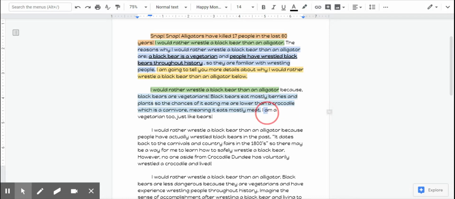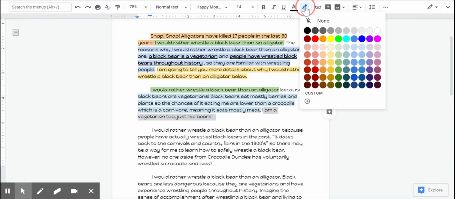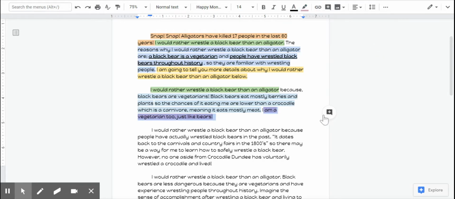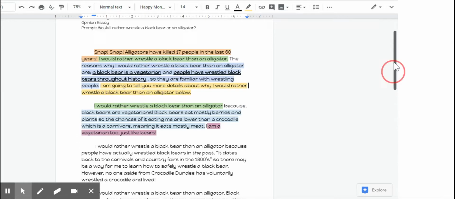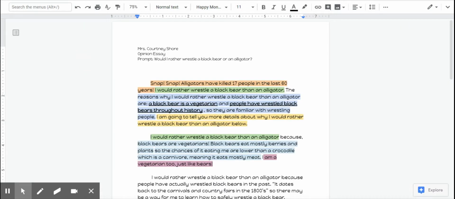And this right here, I'm a vegetarian too, just like bears. That's an elaboration. That's my own idea. It's from my own brain. It's my own thoughts. It's just something fun and interesting that I'm adding to make this essay more about my specific opinion. Because this is an opinion essay, okay?